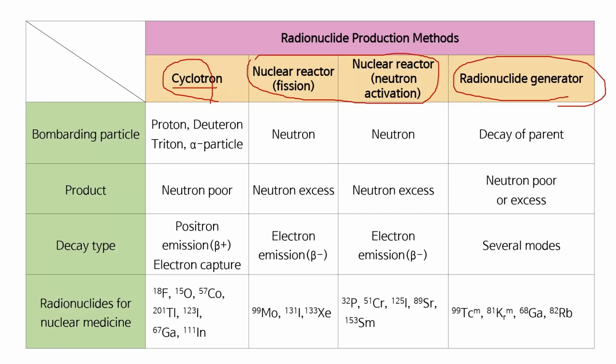In a cyclotron, we use bombarding particles to cause a nuclear reaction of certain material. As a bombarding particle, we can use proton, deuteron, triton, and other particles.